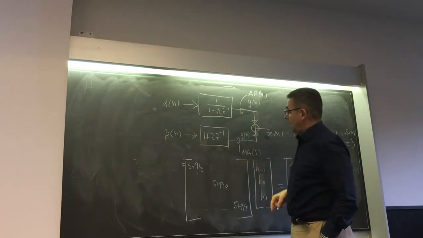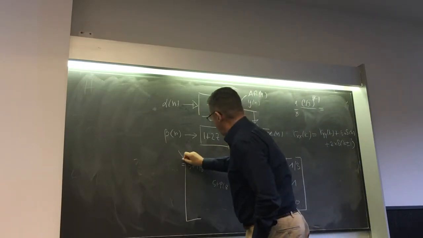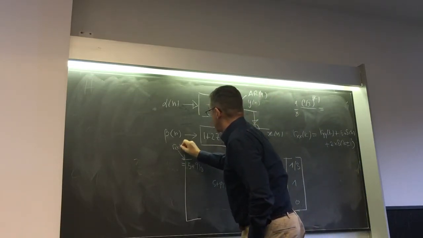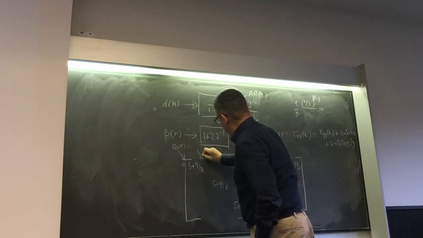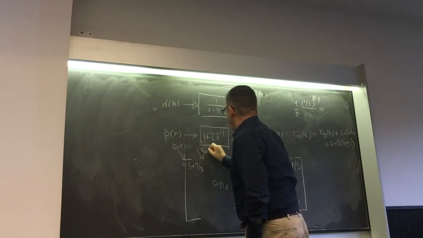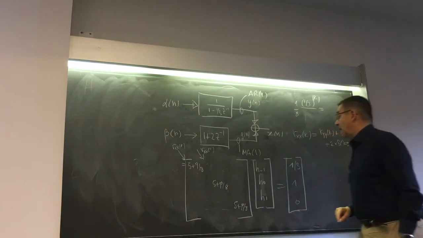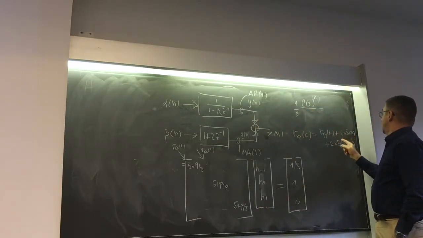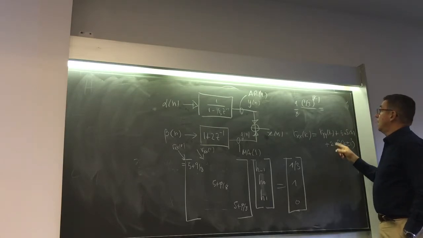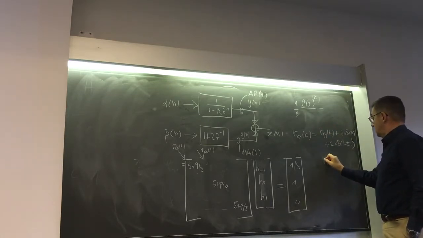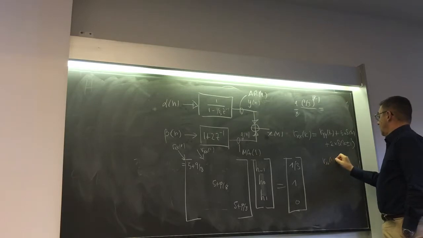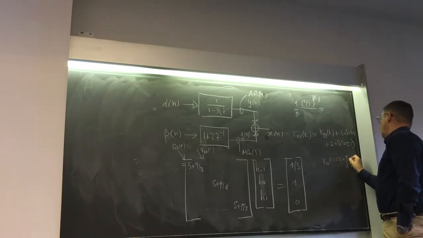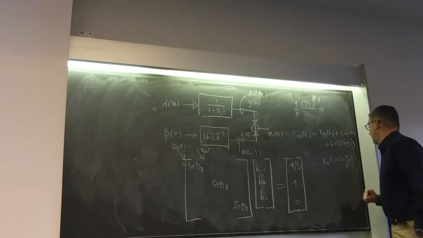Along the main diagonal, I have Rxx0. Along the second diagonal, I have Rxx1. And Rxx1 is 2 plus 9 divided by 8 multiplied by 1/3.